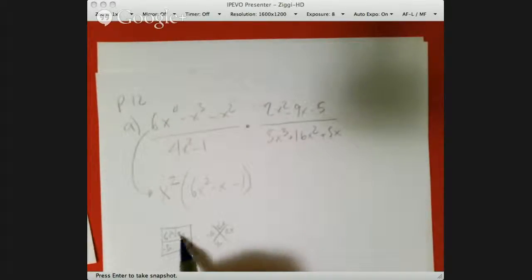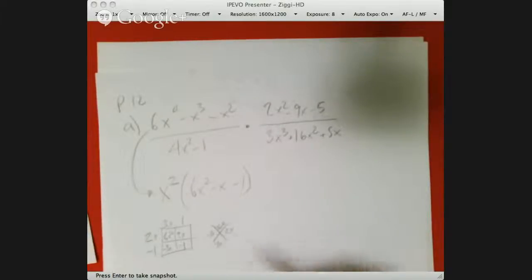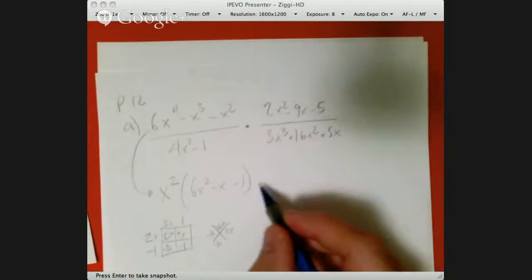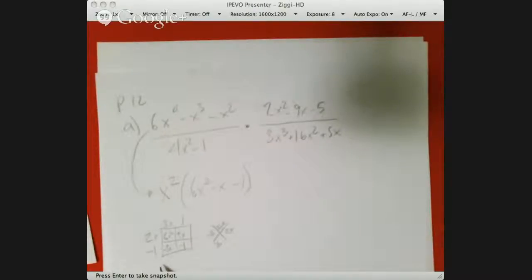If I factor these things out, I know that a 2 comes out of here. I know that a 3 comes out of there. So that means I'm going to have a positive 1 here, and I'm going to have a negative 1 there. So at the end of things, when this gets factored out, we end up with 3x plus 1, 2x minus 1, with an x squared in front of it.